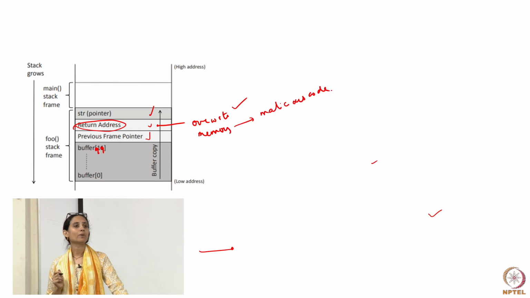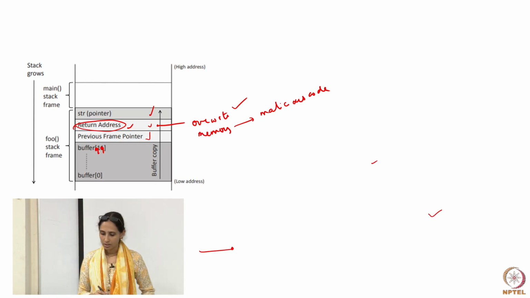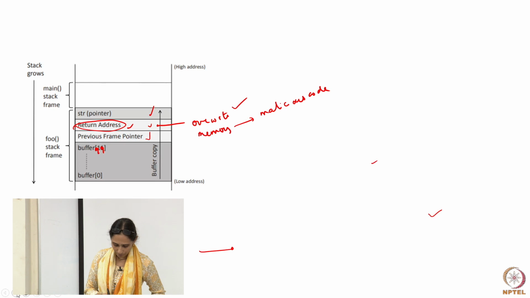So, the idea in buffer overflow is that you are getting some input from a user which overflows the buffer because you did not do a proper check, and when you overflow, you write the return address such that it will return to some place within your malicious code and start executing that code. That is the basic idea of a buffer overflow.